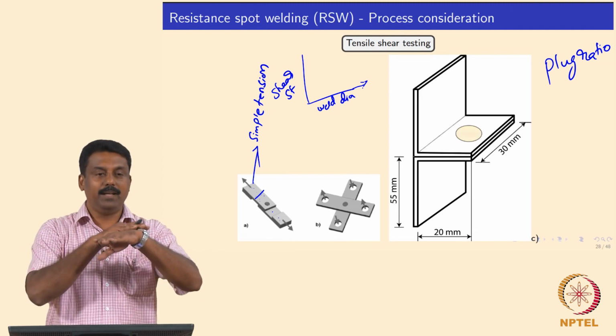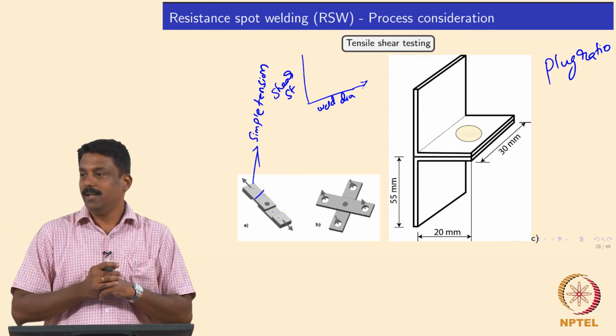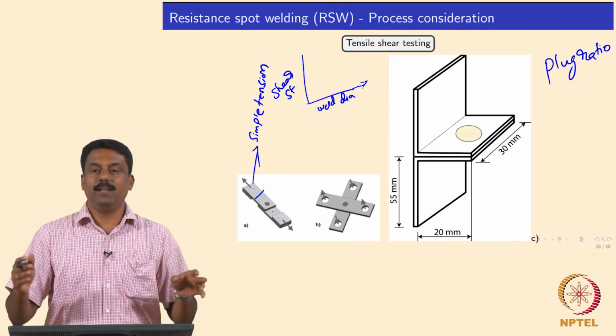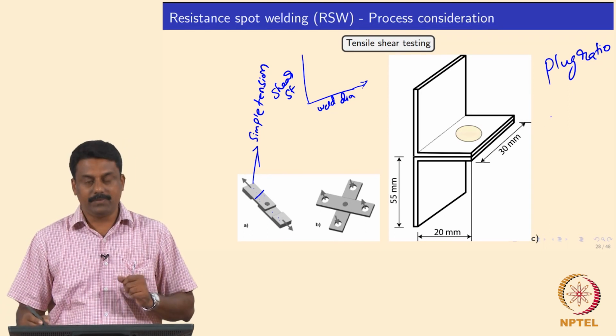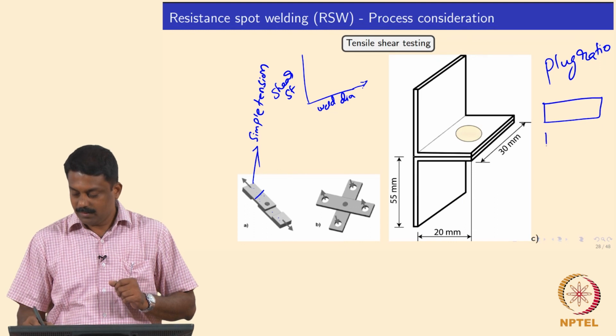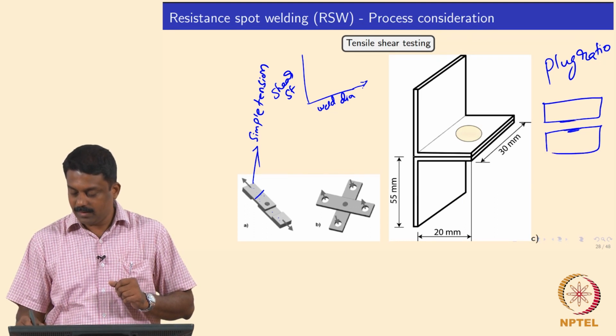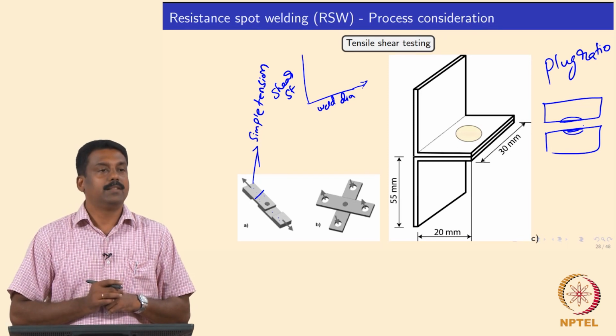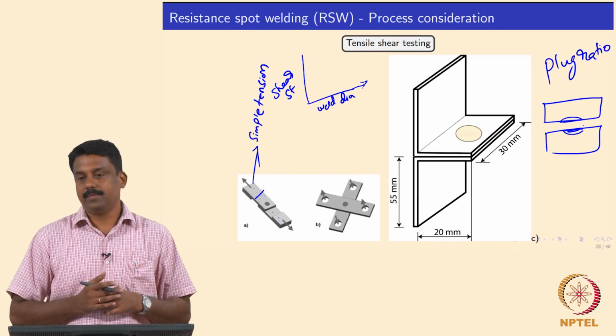That means complete interface failure. Okay. If plug ratio is 0, your weld has completely failed at the interface. So, you will just take it apart at the interface, isn't it? So, that means that you have an interface failure.